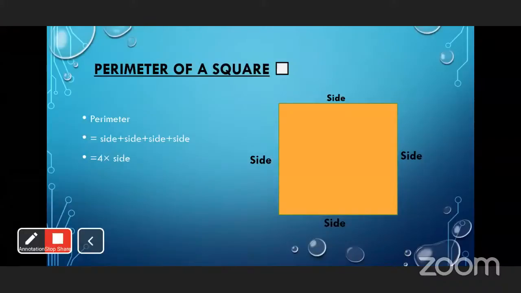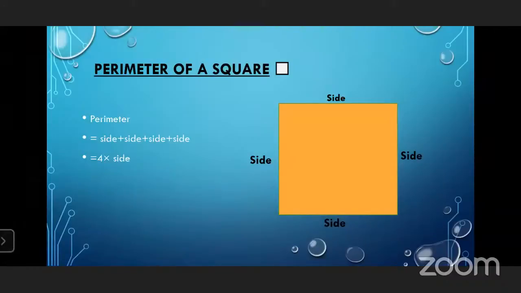Now, here, perimeter of a square. Did you know about this square? In a square, all the sides are equal or not equal? All the sides are equal.